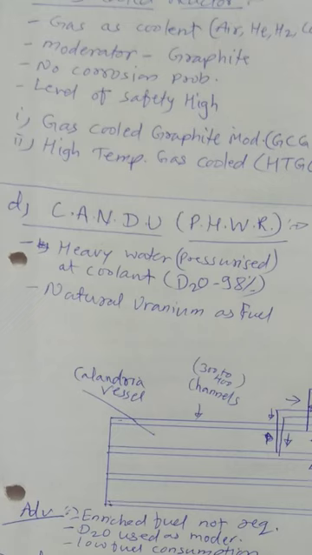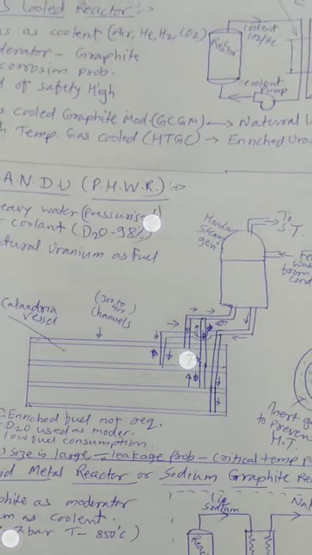Also its modified version in India is called the pressurized heavy water reactor, because it uses heavy water, that is D2O, 98% pure, as a moderator and primary coolant if required. And the fuel used is natural uranium, meaning in CANDU we are using natural uranium fuel.